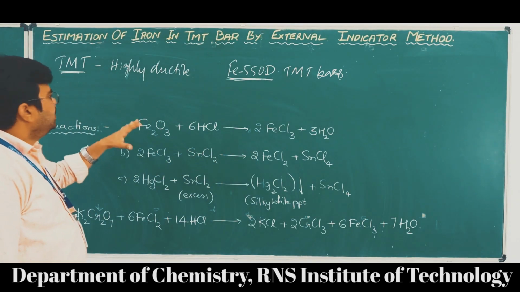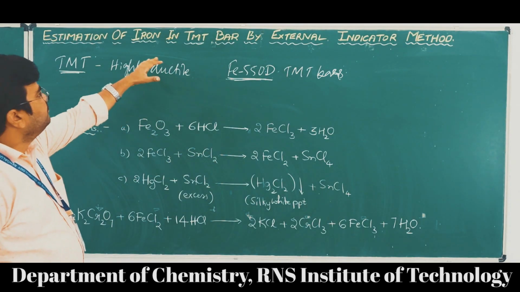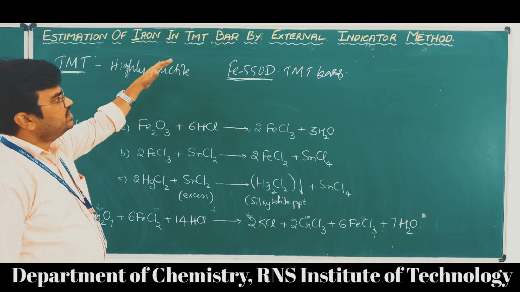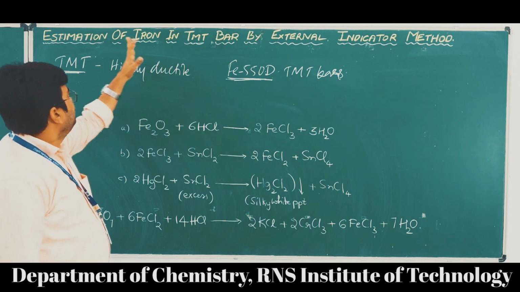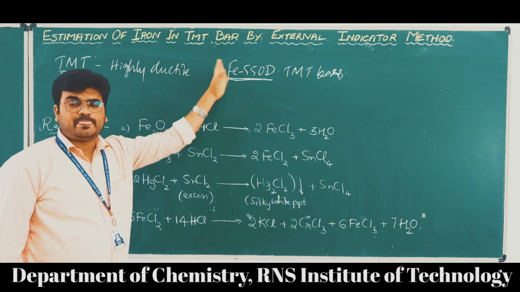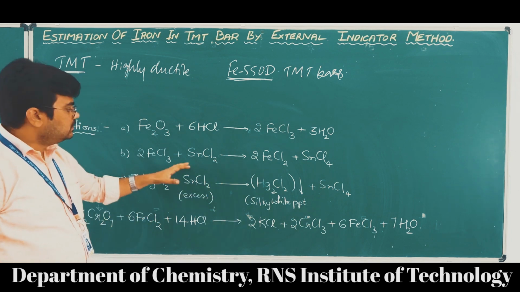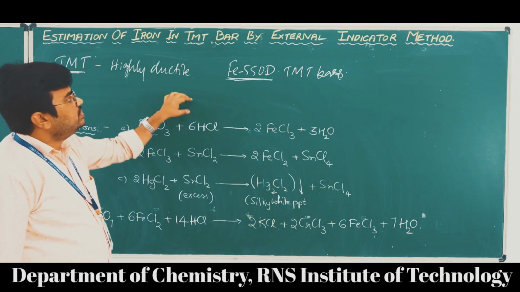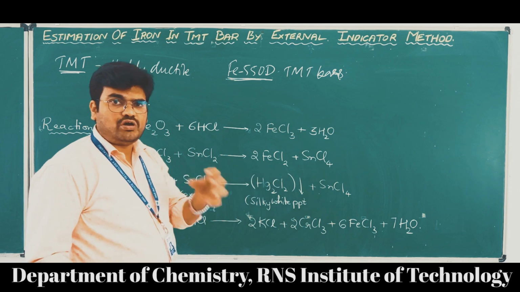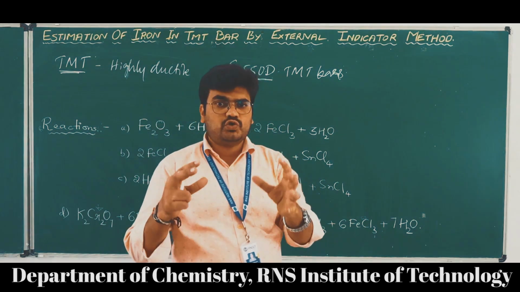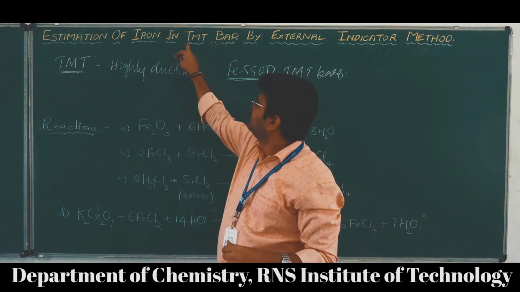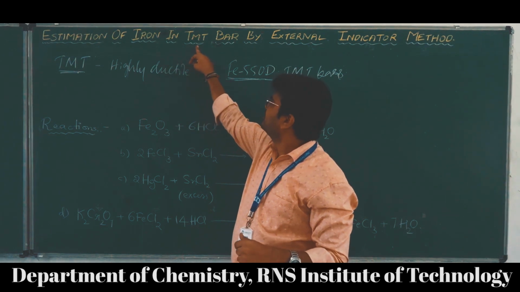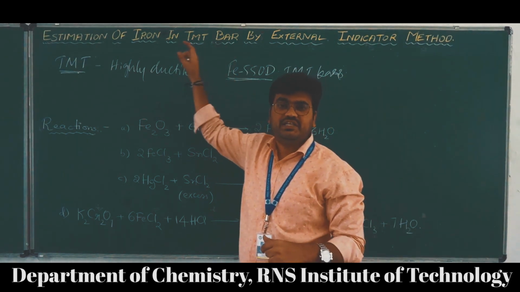Now let us understand the principle of this experiment, how one can determine the amount of iron present in these TMT bars. We know that one of the most common sources of iron for manufacturing TMT bars is hematite ore.